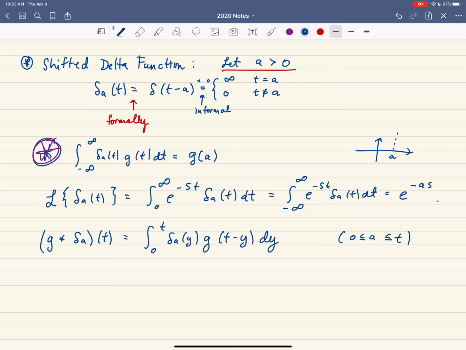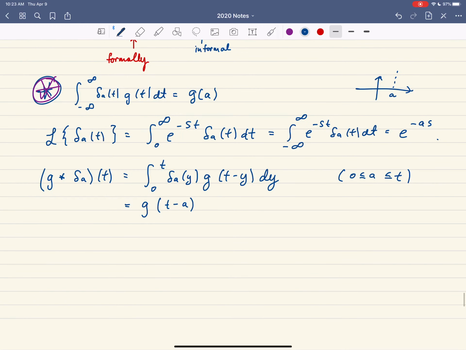But if a is between 0 and t, if we integrate this, we can do the usual thing where we write this as the integral from negative infinity to infinity, and we get g of t minus a. So convolving this with delta sub a is just really shifting g by a.